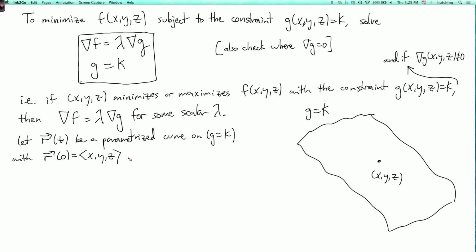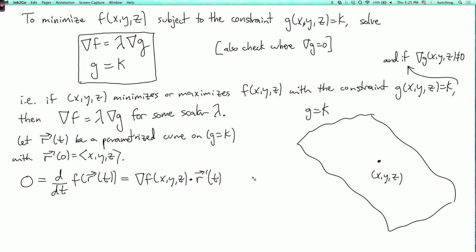Now then we have that 0 equals d dt of f of r of t, and this is because we're minimizing or maximizing f on the surface. So if this derivative were not 0, then we could move along this curve, staying on the level set to increase or decrease f. And then by the chain rule, this is the gradient of f at x, y, z dot r prime of t.